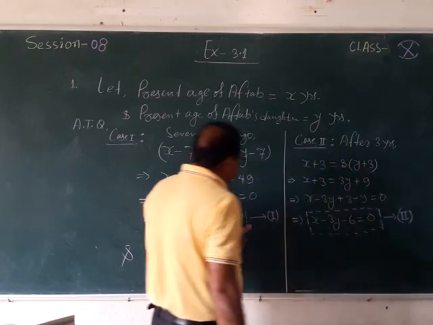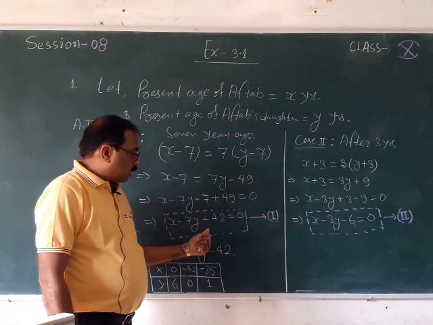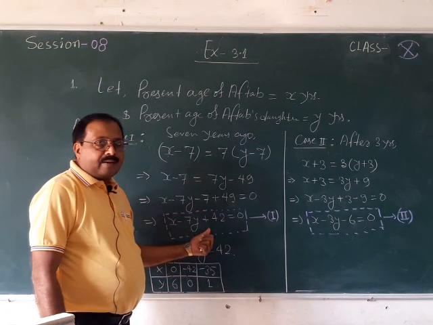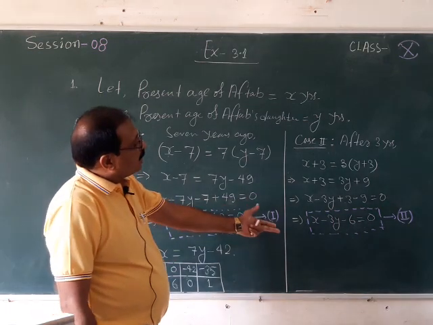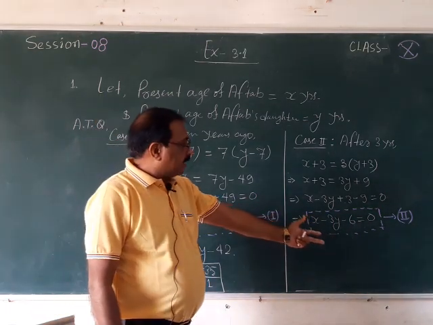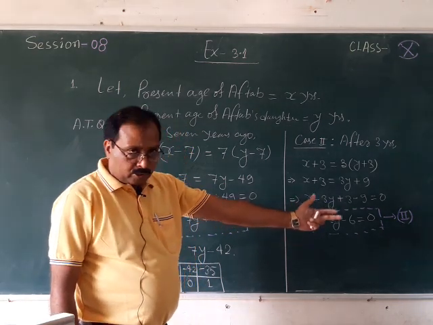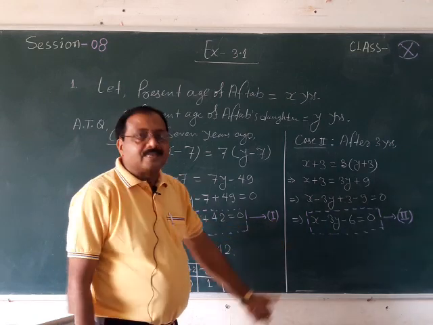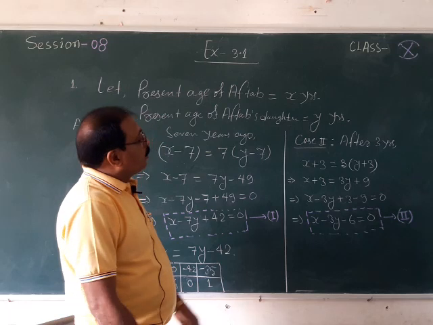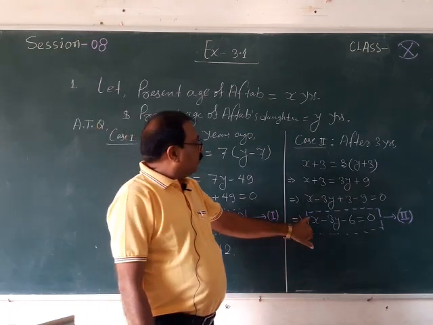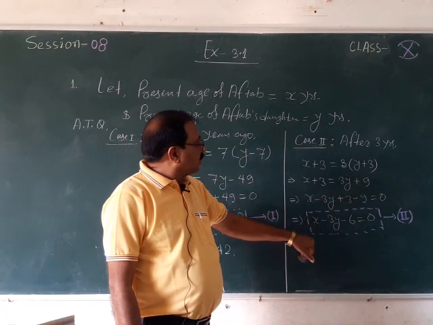So now it becomes a pair of linear equations. The first equation has come from the first case, that means the first condition, and the second relation is coming from the second condition or second case. x minus 3y minus 6 equal to 0. These two equations I have written in the standard form of linear equation in 2 variables, so that you can identify the value of a2.